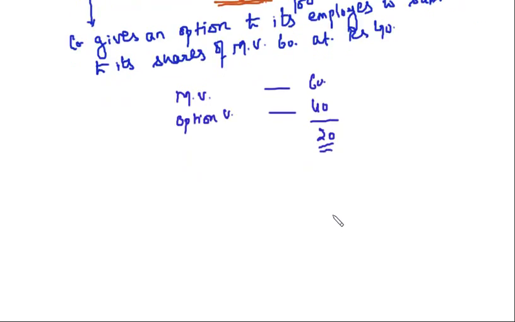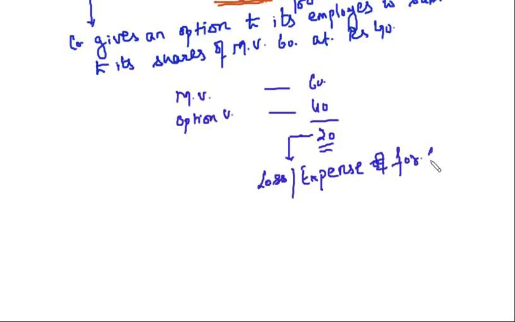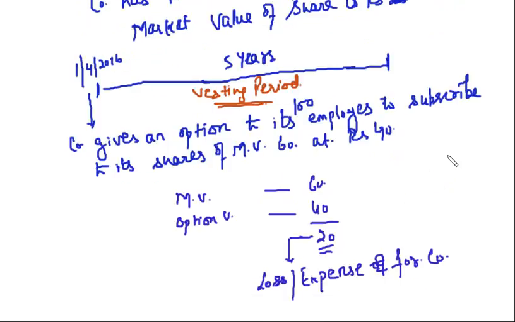This 20 rupees is a loss to the company, or I can say it is a loss or expense for the company, right? This is a loss or expense for the company.